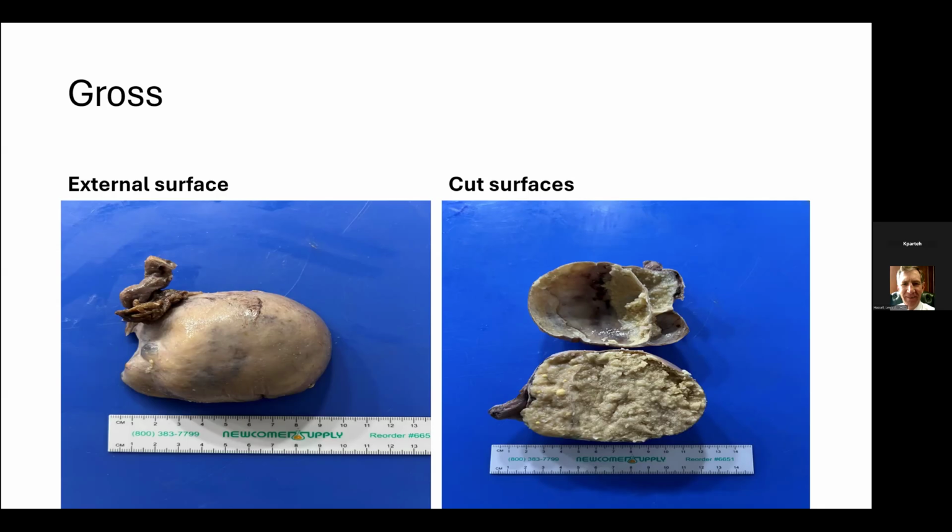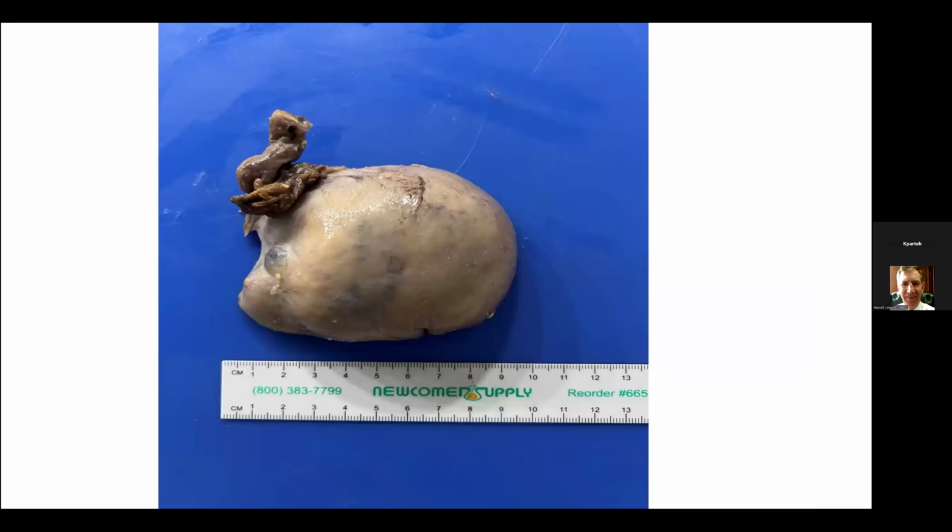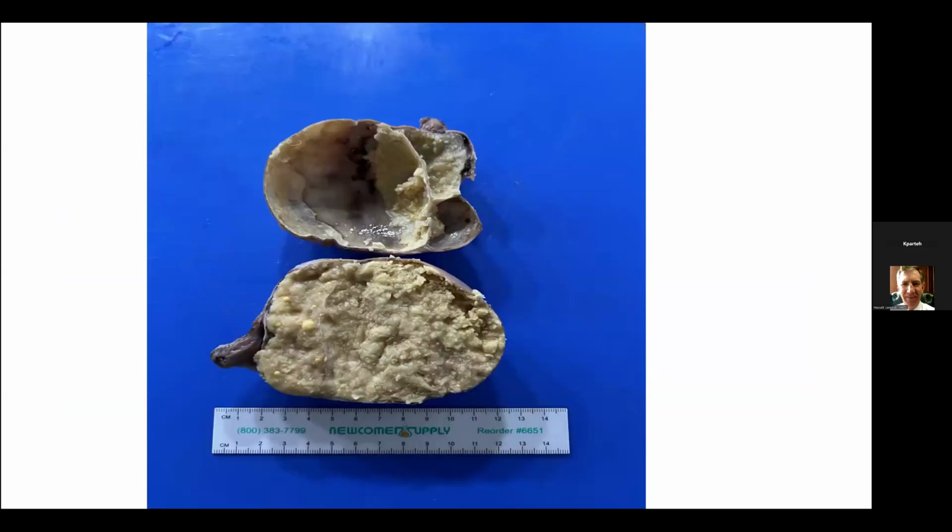So the gross picture is shown here, and you can see how the tumor was. This is just a wider view, for a more visible appearance.